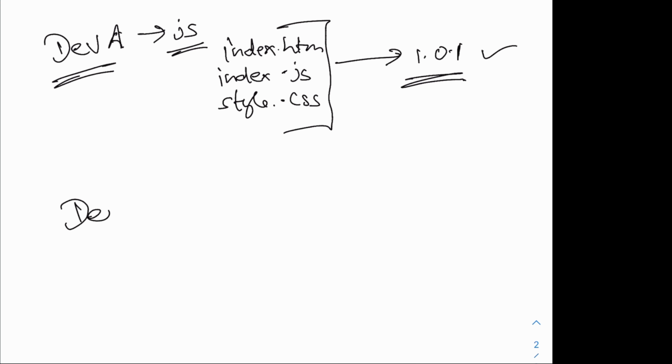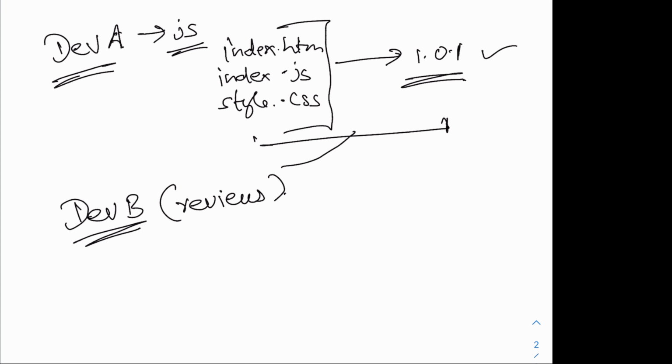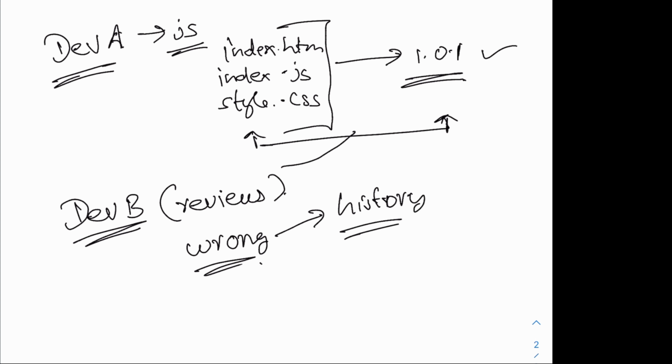Now there's another developer, developer B, who comes and reviews his code. When he reviews the code, he gets to know that whatever developer A has done is wrong. So he tells developer A, go ahead and see what was there in the history, how the file was created, what all changes were there earlier, and based on that make amends.